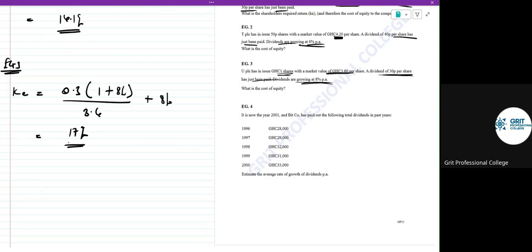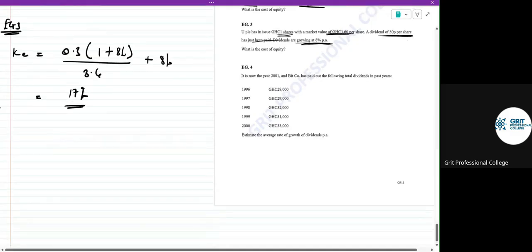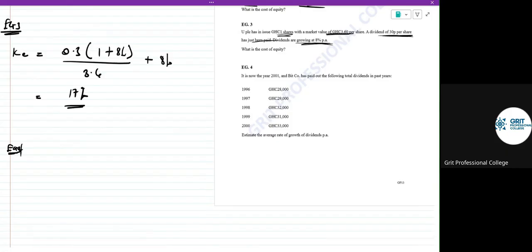Let's look at the fourth one. Now, with the fourth example, what do we see? The year is now 2001, and BIT Co has paid out the following dividends in past years. So we have information on the company's past dividend payments.